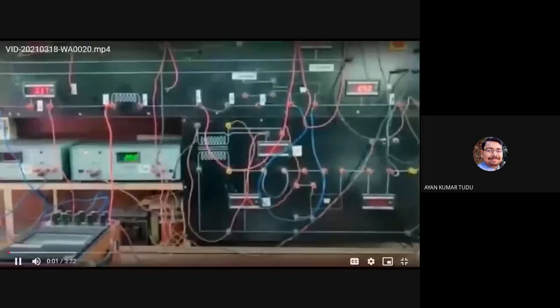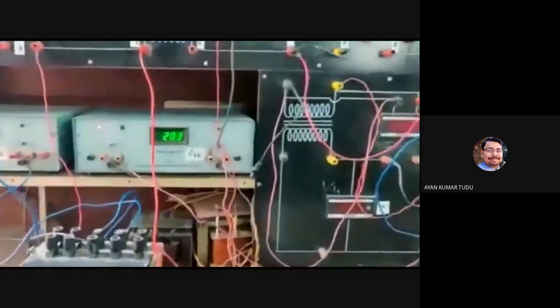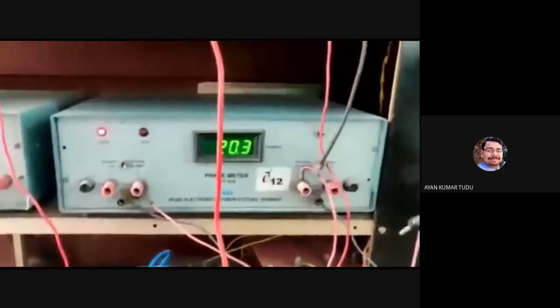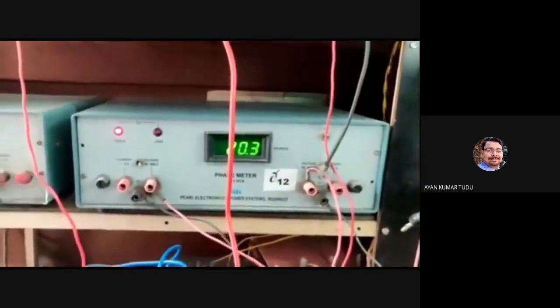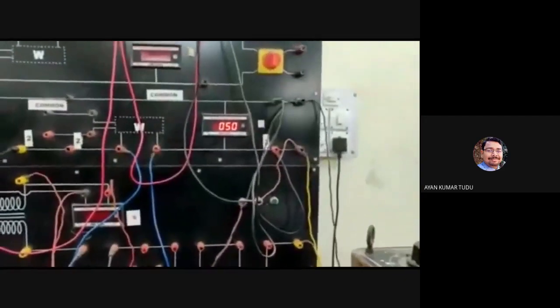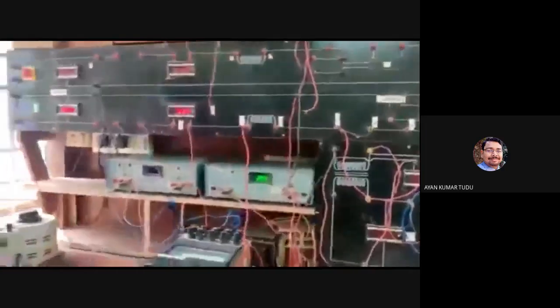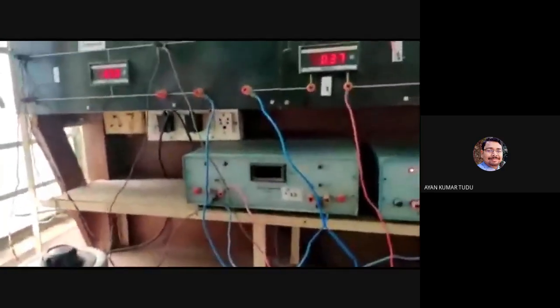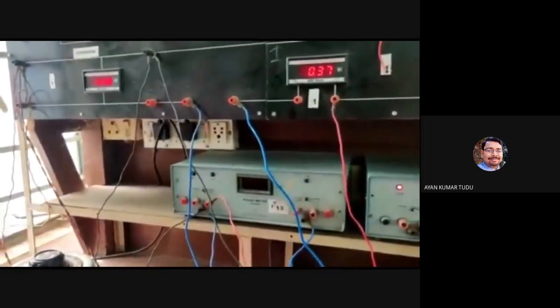Okay, in the next run, the delta angle is fixed at 20 degree lead. The receiving end voltage is fixed at 50 volt, and we will change the sending end voltage by using this variac from 30 volt to 100 volt.